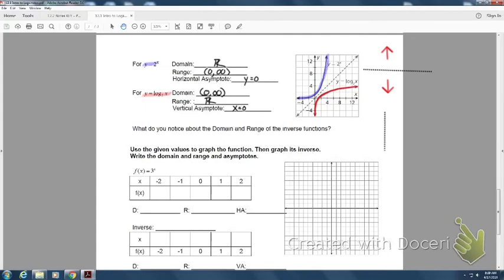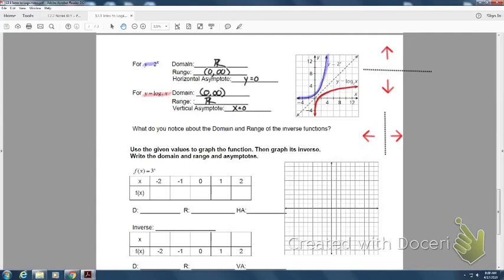A vertical asymptote is going to move which two directions? Left and right. So whenever we talk, and this is kind of foreshadowing, we will talk about this, but what transformation, what letter, moves the graph left and right? The c value.